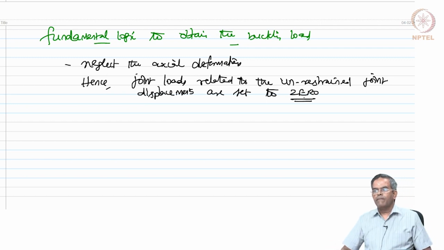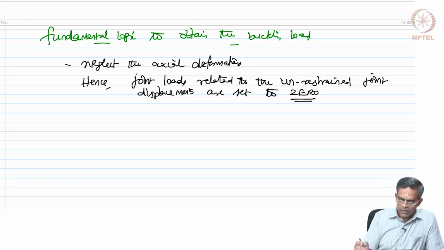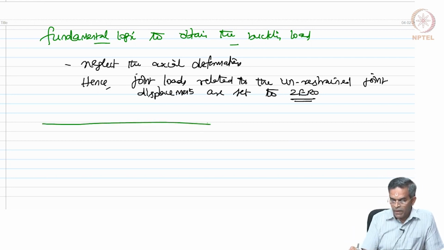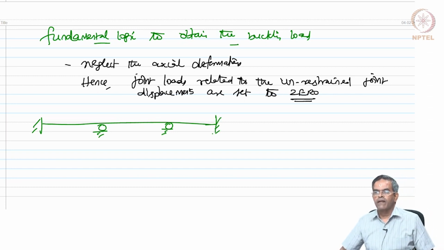You may be wondering, how do you identify an unrestrained joint displacement? We will give some examples. Let us say I take a 3-span continuous beam like this. Let me mark the unrestrained displacements for all the type of supports first.